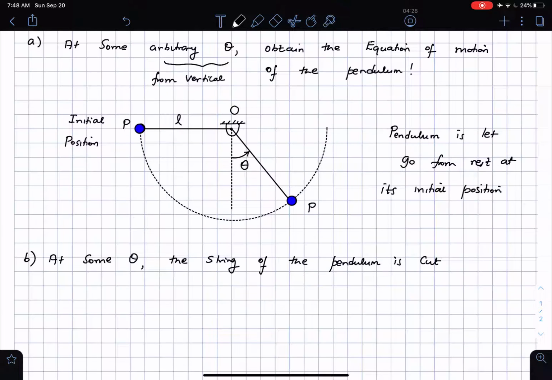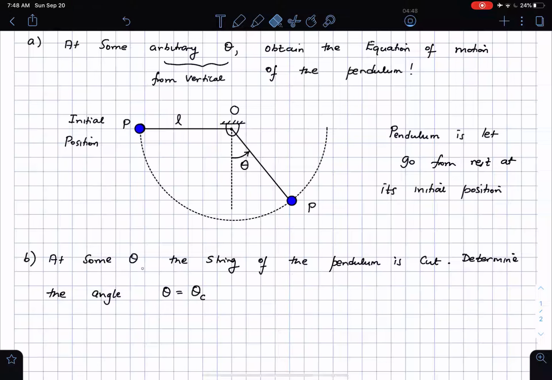Then what I have to do is the following. Determine the angle theta equal to theta cut, or let me just call it theta c.